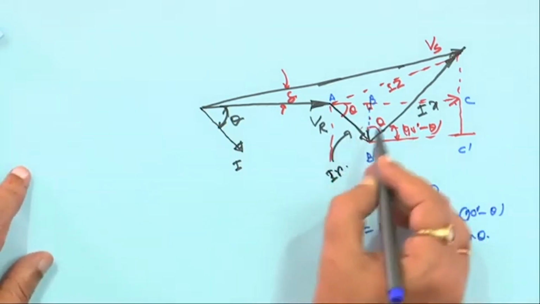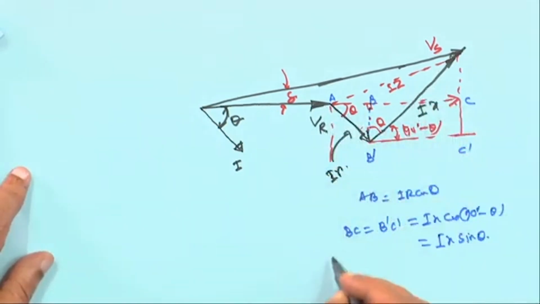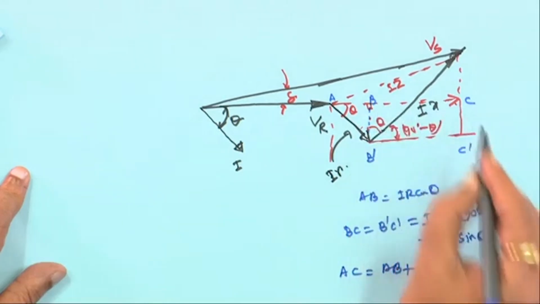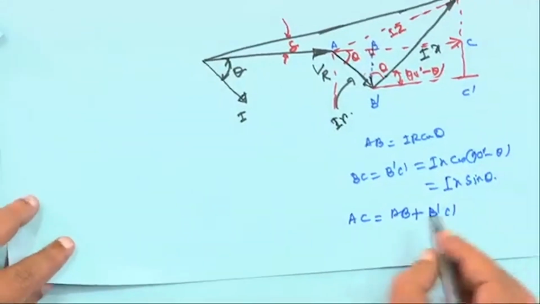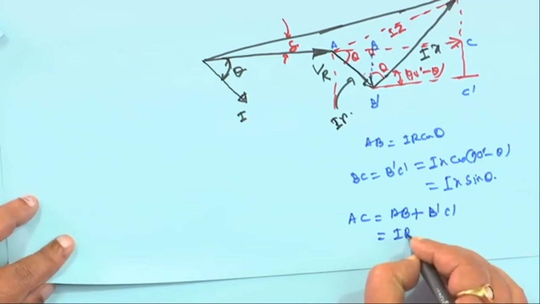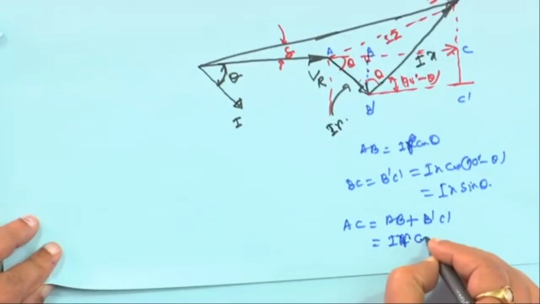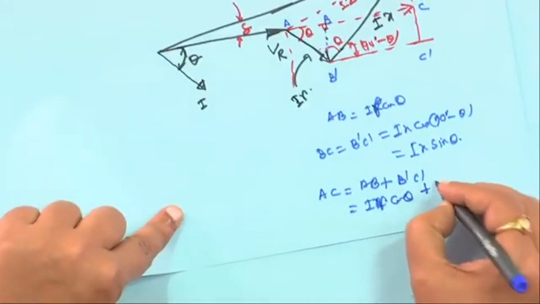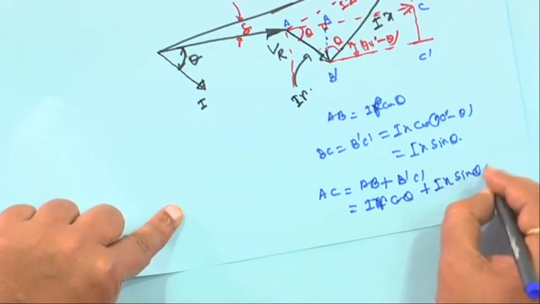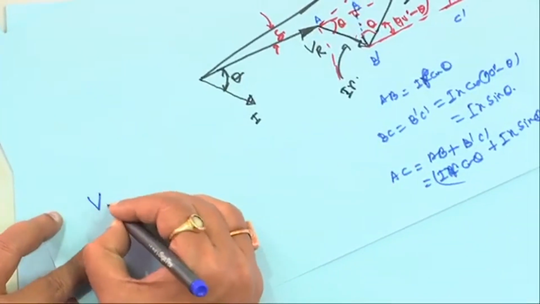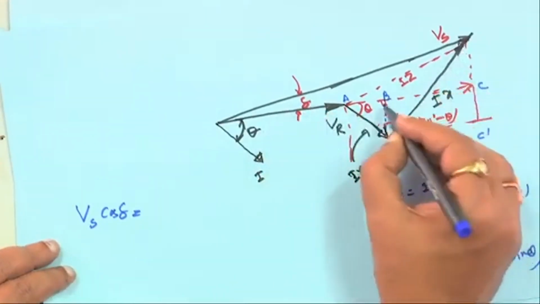Then your Vs. First you find out AC. AC is equal to AB plus B dash C dash, and B dash C dash and BC are the same. So that is I small r cos theta plus I small x sin theta. Therefore, Vs cos delta: this is your delta, so take the projection on that.